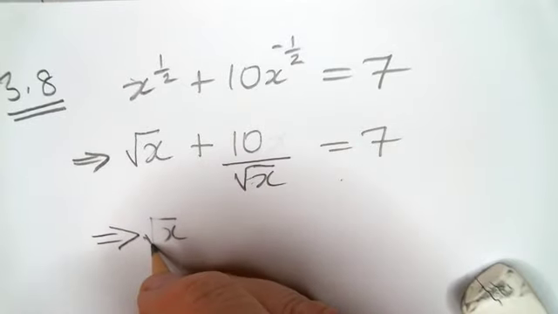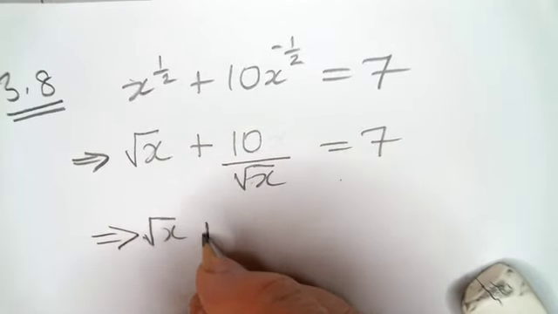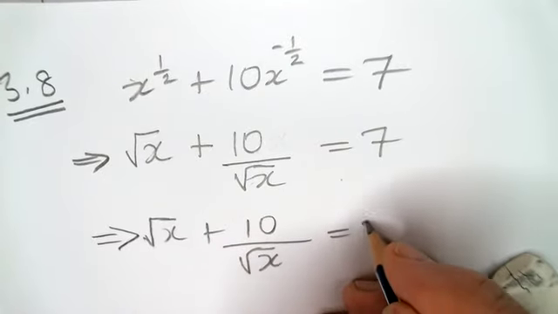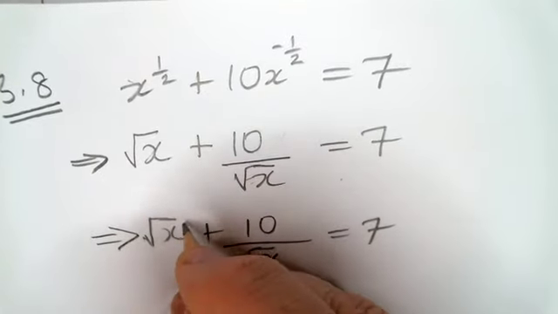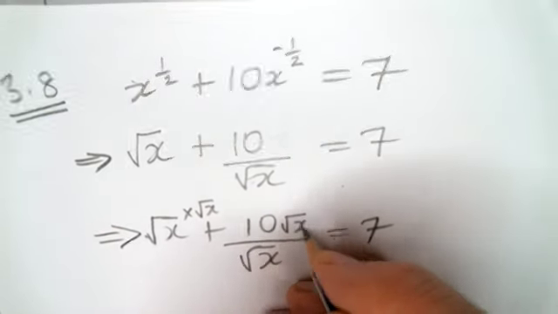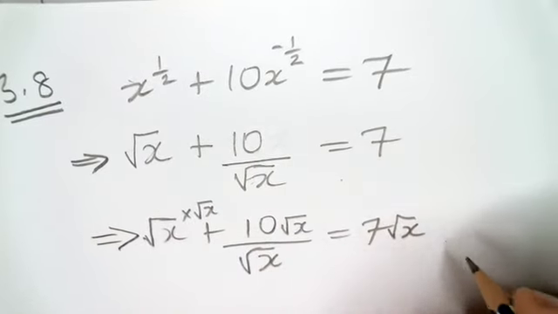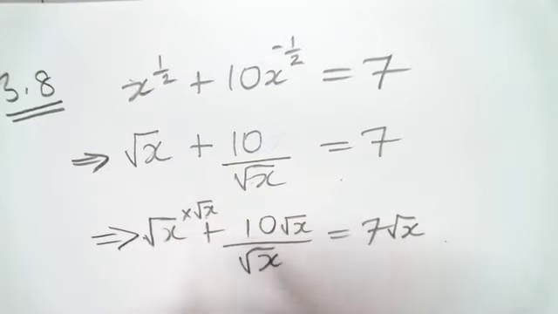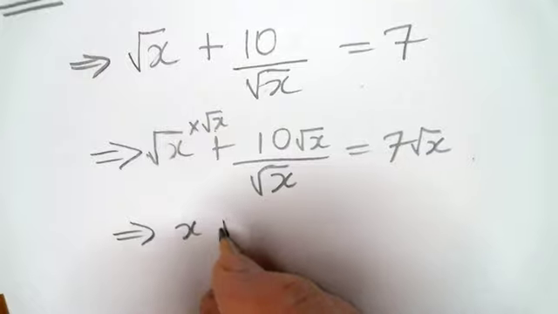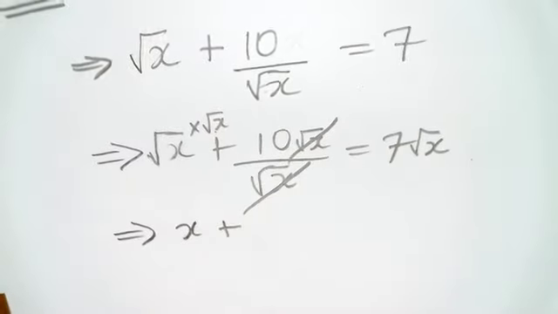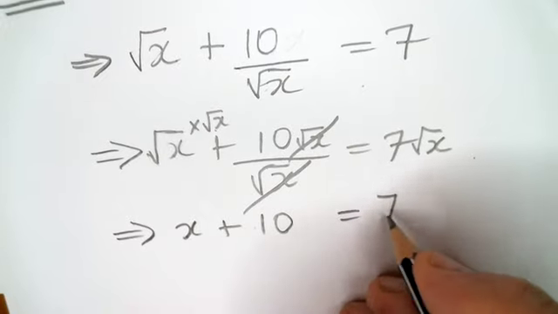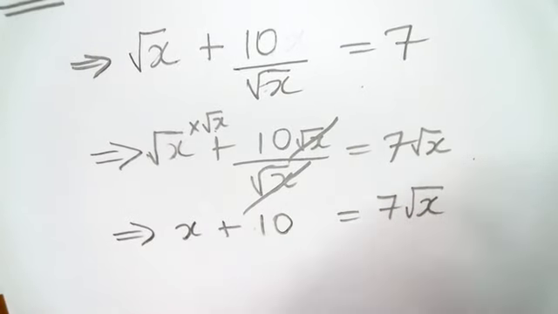So if I've got root x plus 10 over root x is equal to 7, and I multiply this by root x times root x, and this by root x, I've got root x times root x, which turns into x. This implies that x plus, well, root x divided by root x is 1, and that leaves me with 1 times 10, which is 10, is equal to 7 root x.